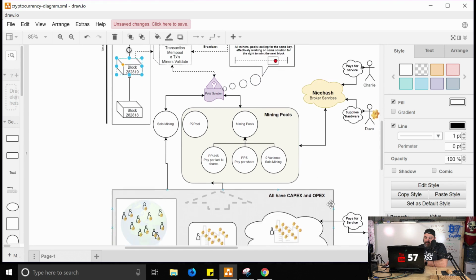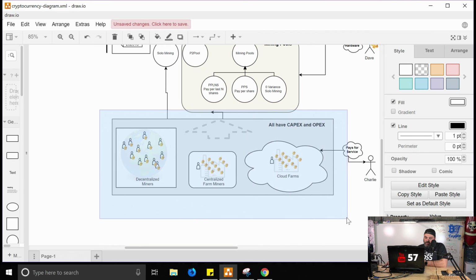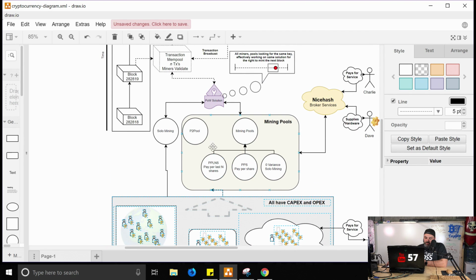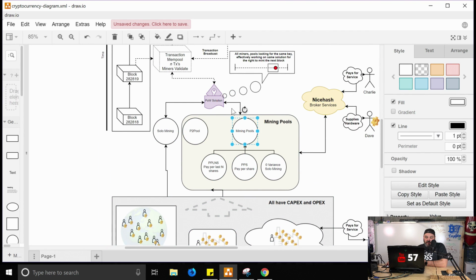So this is why this group down here tries to take a chance at a pool with close to 50% of the hash power, because you want a 50% chance on every block. That's measurable. Therein lies part of the problem in general: what's the total output of a cryptocurrency network?